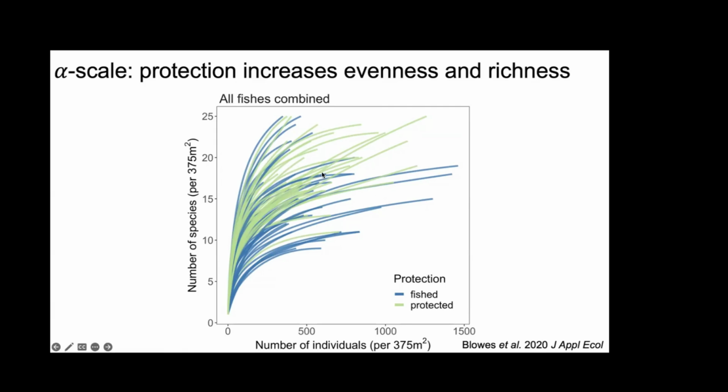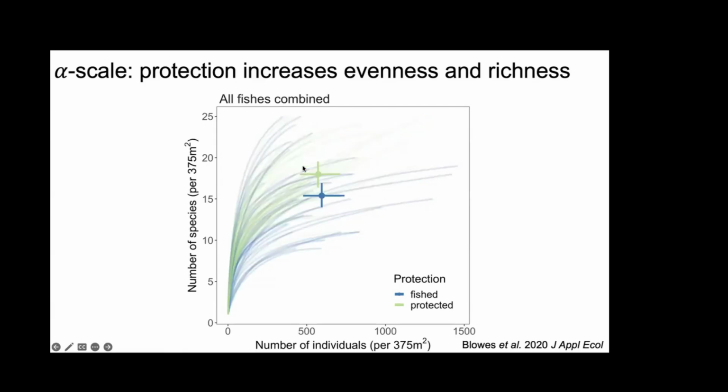If protection was having a strong influence on the numbers of individuals, all of the green curves would stretch a long way to the right compared to the blue curves. But instead, we have the green curves getting pulled up and ending at higher points than the blue curves. So that's really an effect of protection on evenness and richness.